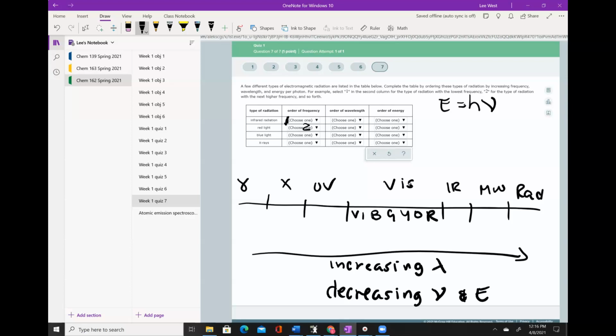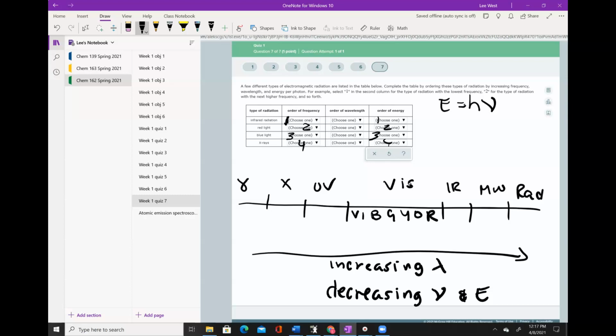No. Yellow? No. Green? No. Do we have blue? Yes, we do. So that's going to be number 3. Do we have indigo? Do we have violet? Do we have UV? Do we have X-rays? Yes, we have X-rays. So that's going to be number 4. So 1, 2, 3, 4. There we go. That's interesting. And so that's going to be also the order of energy. All right. There we are.